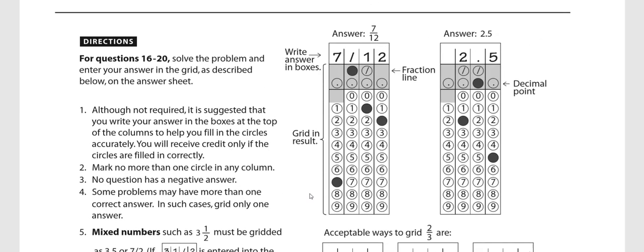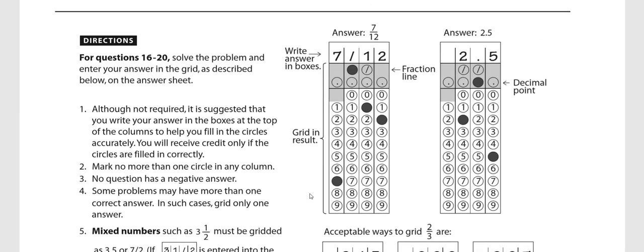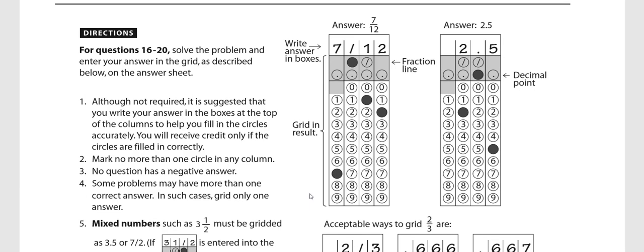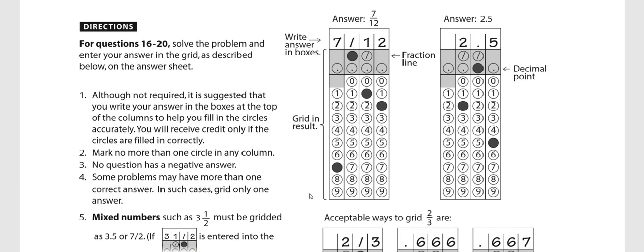All right, some important things that you need to notice. Now that we're in the non-multiple choice section, I'm going to go through these because there are some important things in here. Although not required, it is suggested that you write your answers at the top in the boxes. You're only going to get scored on the filled-in circles.